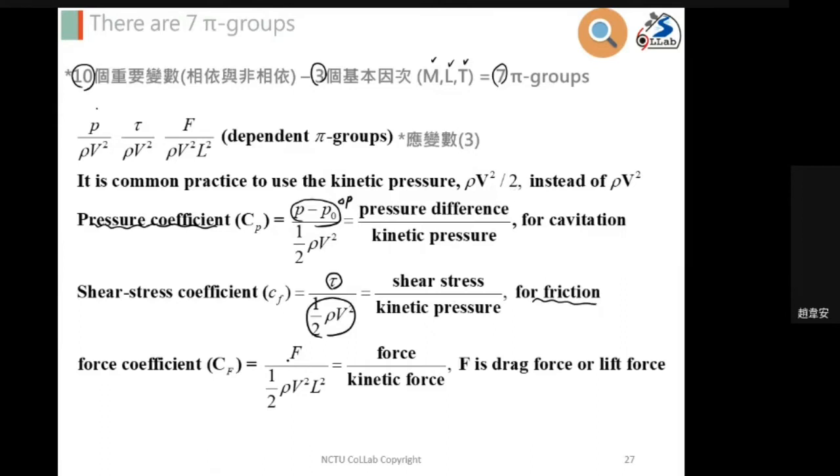This is the force divided by the kinetic pressure. The force can be the drag force or the lift force. In our previous slide, the exercise just used the drag force. So those are the 3 dependent pi groups we introduced already.